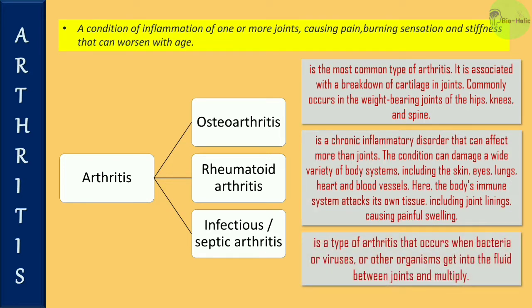Infectious or septic arthritis is a type of arthritis that occurs when bacteria or viruses or any kind of microorganisms get into the fluid between joints and then multiply. Thus, infection occurs. This inflammation is referred to as infectious or septic arthritis.